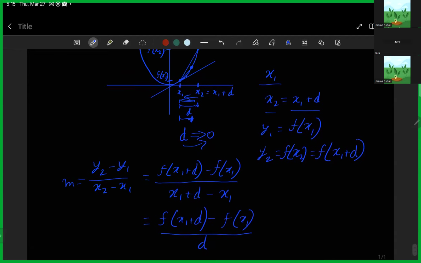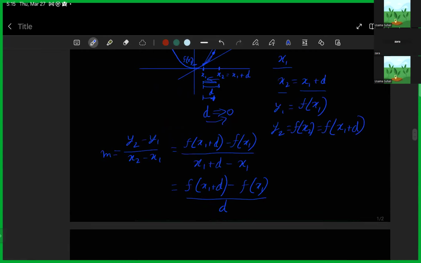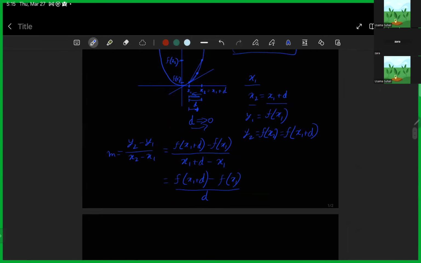Now here there was a key thing that we wanted: we wanted d to approach 0. This is represented by writing lim d approaches 0, and it is pronounced "limit d approaches 0".